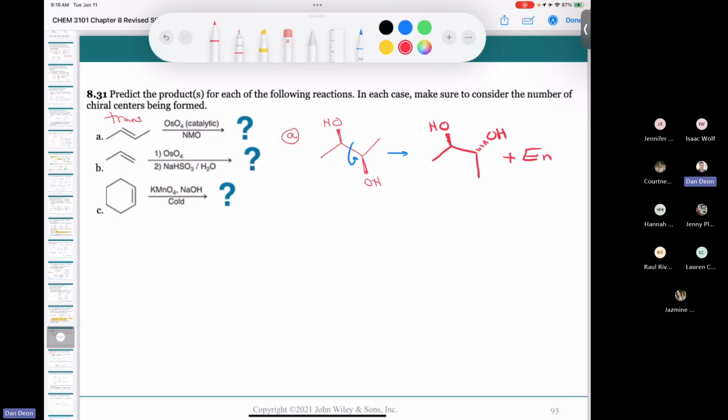All right, let's try B. So in B, I'll just put it down here. So here are our 3 carbons. We're going to have one hydroxyl group pointing up, and I'll draw the other one pointing up. Okay, but what do you notice about this structure? There's nothing technically wrong with what I've written down here, but there are no stereocenters in this compound. Okay, actually, sorry, there is one stereocenter in the compound.